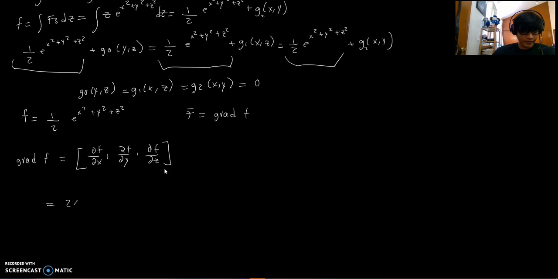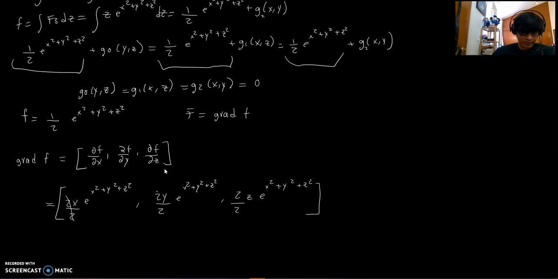We will have 2x over 2 e^(x² + y² + z²), 2y over 2 e^(x² + y² + z²), comma 2z over 2 e^(x² + y² + z²).